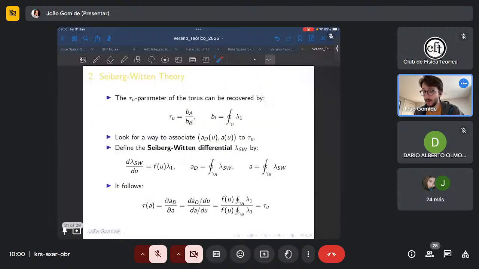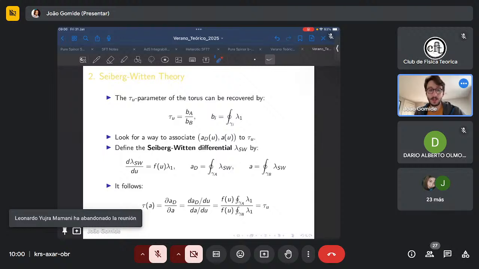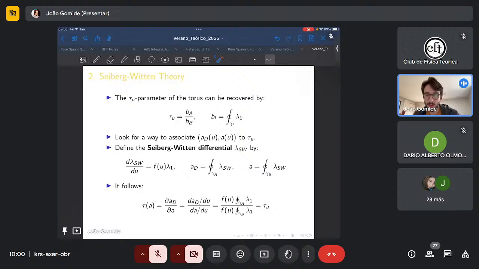And why is that? Why do we want to talk about a torus? Because we have this SL2Z duality that we saw before. It is the natural group of symmetries of the torus. And also the torus is described by this tau parameter, and this tau parameter can be related to the effective gauge coupling in the theory that we have.